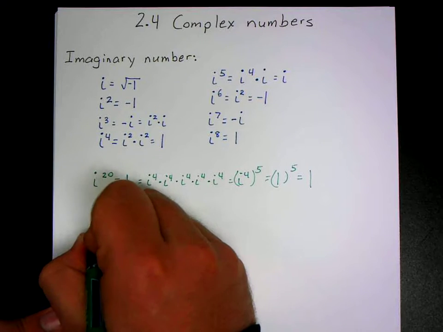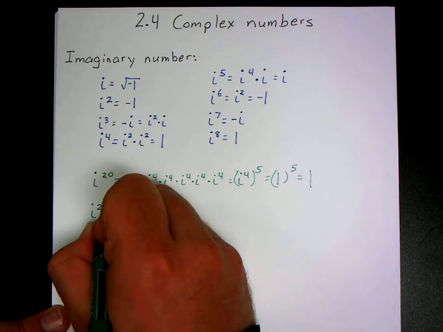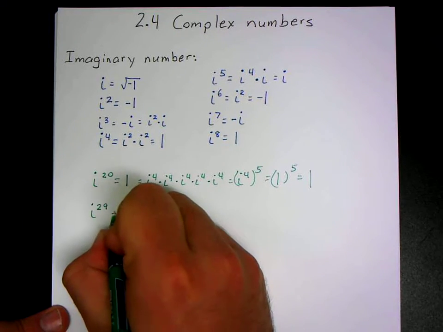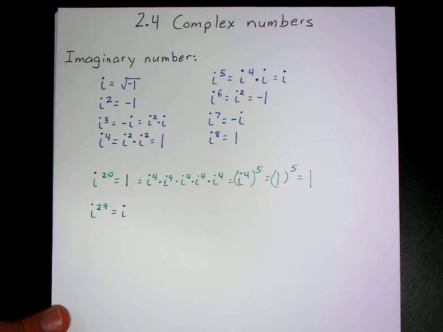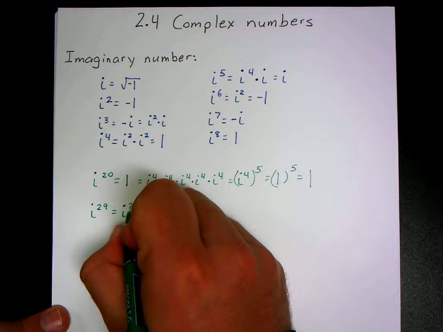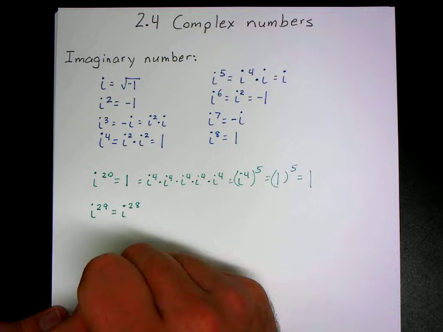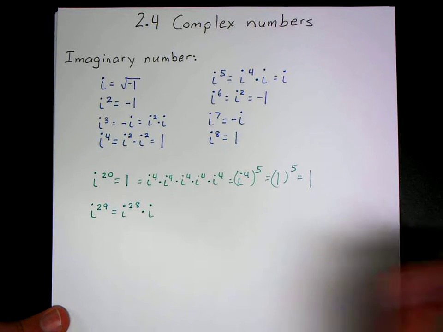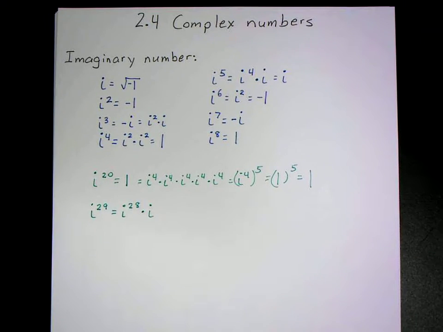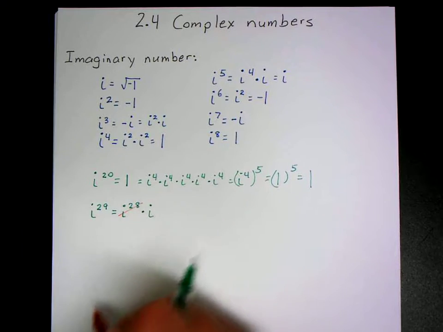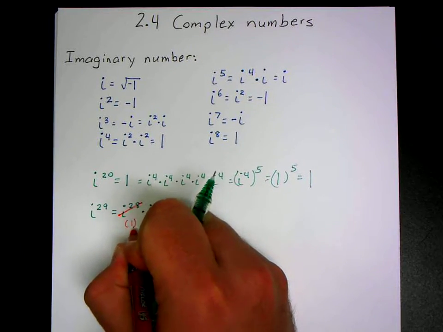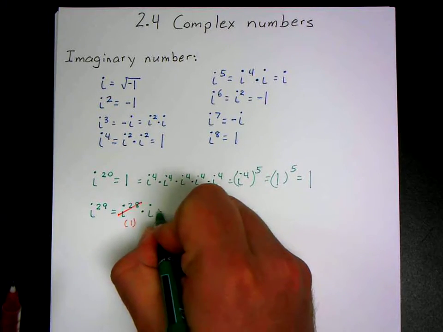Okay, so how about i to the 29th? What's that going to be? It's going to be i. Because i to the 28th is a multiple of 4, right? So I have i to the 28th times i. This disappears because it becomes 1. So I just get i.